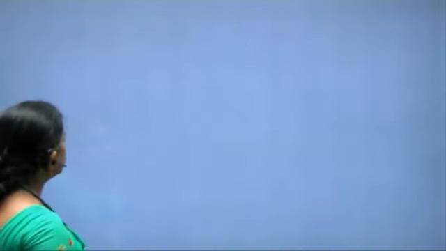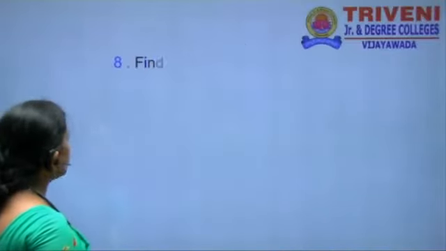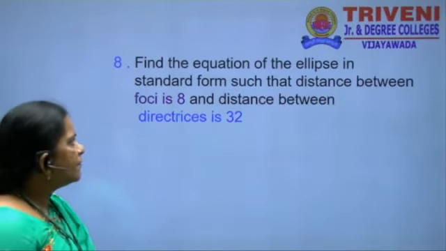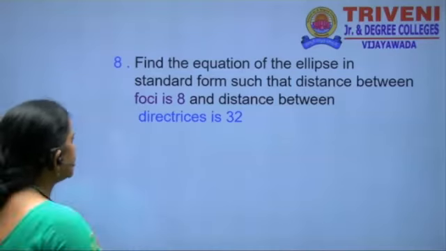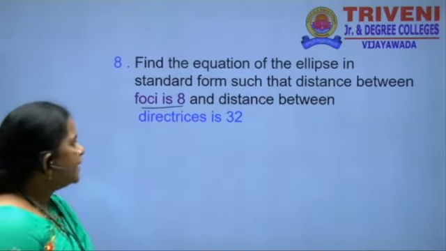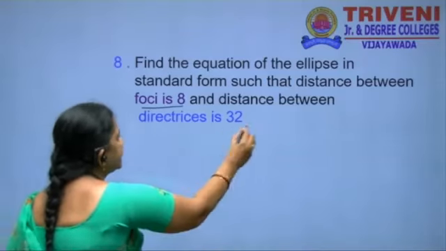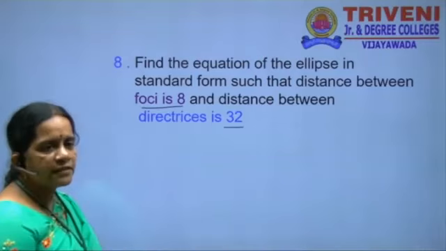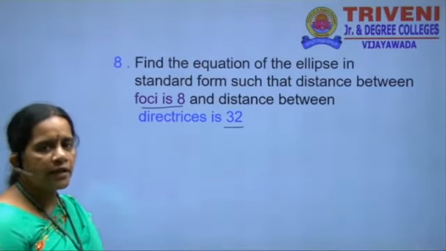Then we go to the next problem: find the equation of the ellipse in the standard form such that the distance between the foci is 8 and the distance between the directrices is 32. Given, already you know that the distance between the foci is 2ae.